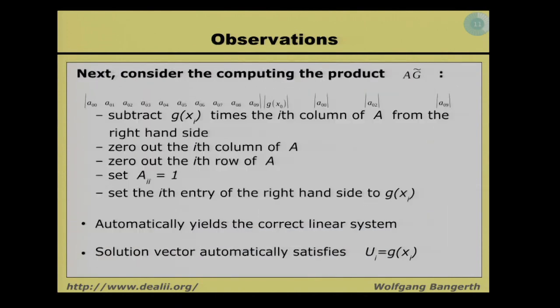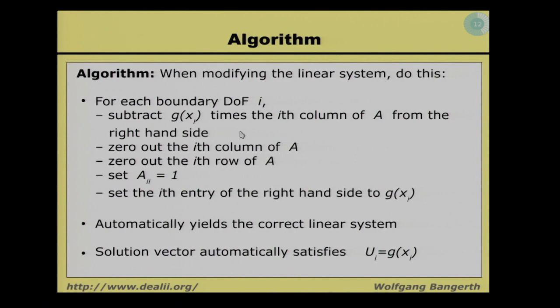So the algorithm is: subtract g of xi times the ith column of A, and then I'm going to zero out the column and the row of A, and set the diagonal element to 1, or, like I explained before, to some other value. And I'm going to set the ith entry of the right-hand side to g of xi, and you will see why I do this.